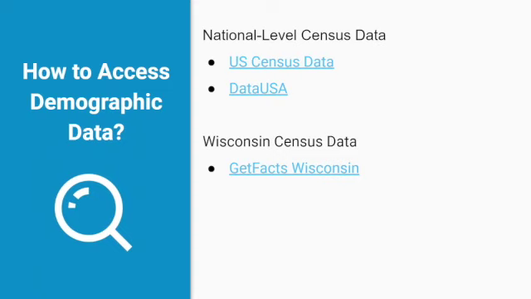As mentioned, we're only covering a few sources of demographic information, but there's more data out there that can help you better understand your community. So some of it might be on other federal and state websites like the Bureau of Labor Statistics. The Department of Public Instruction for Wisconsin has an information system for education data dashboard with statistics about Wisconsin public schools that might be of interest as another example.